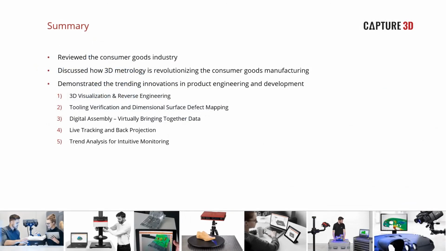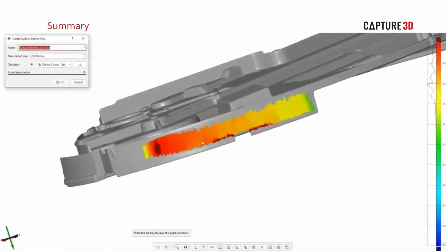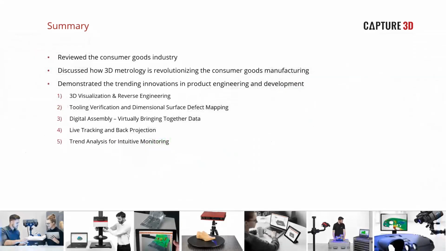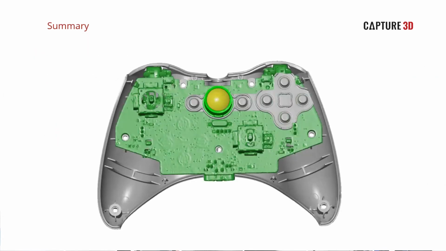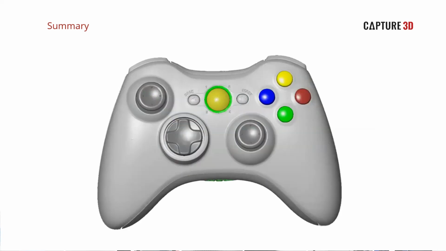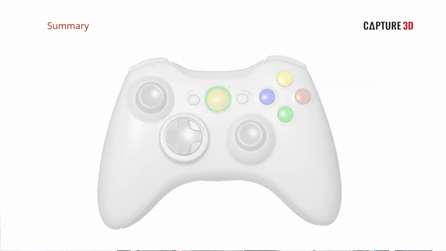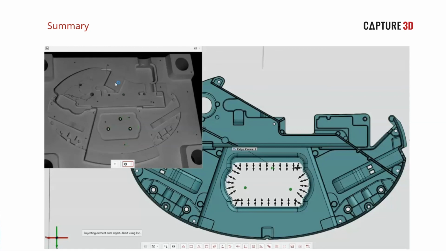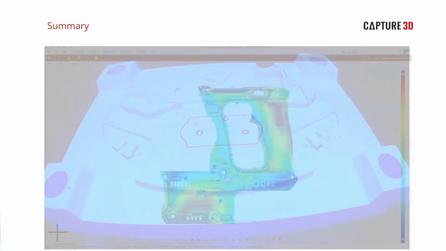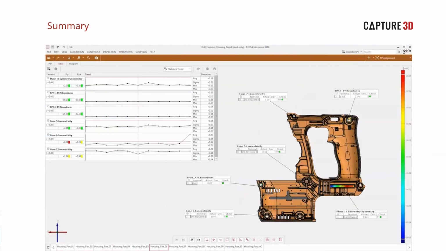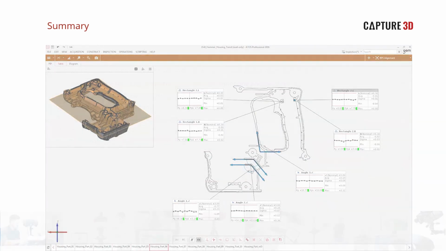Then going into tool verification and the dimensional surface defect mapping, where we used our multimedia part. Digital assembly, where we virtually brought our data together using our Xbox controller and the multiple components inside it, followed up by live tracking and backwards projection, where we again revisited our multimedia part and the mold this time. And we finally got to our trend analysis, where we used our Dewalt drill housing to see how we could use that inside our ATOS software.